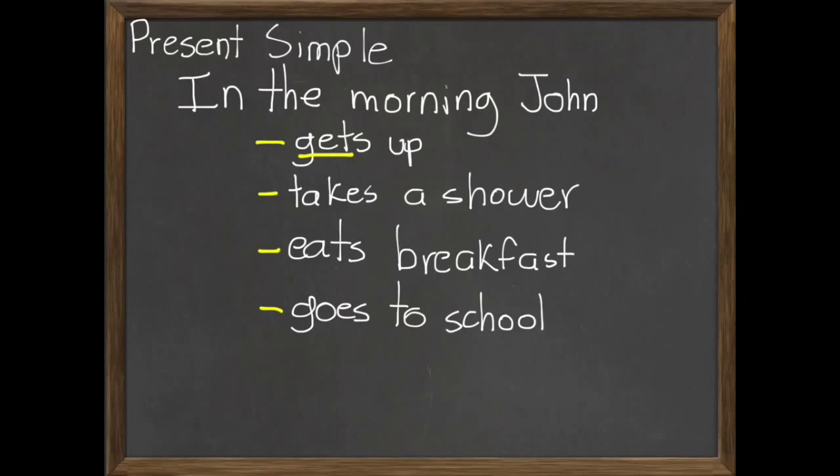As you can see, we added an S after the verb. Takes a shower follows the same rule. Take adds an S. Eats breakfast, we add another S. Goes to school is the third person form for go. And since it ends with an O, we add an ES at the end.